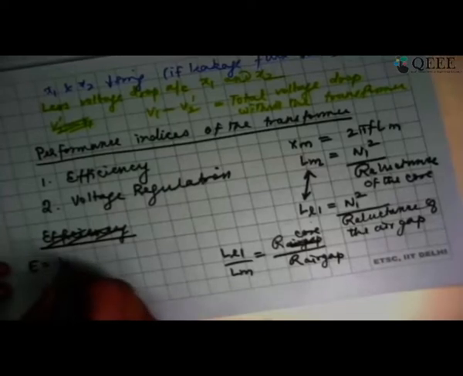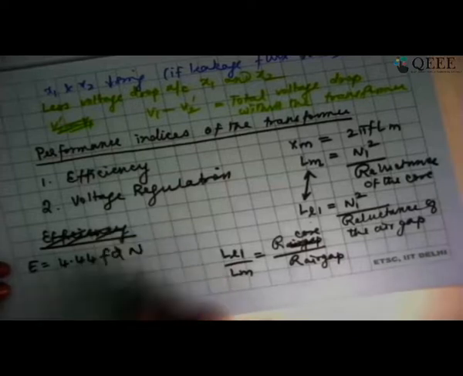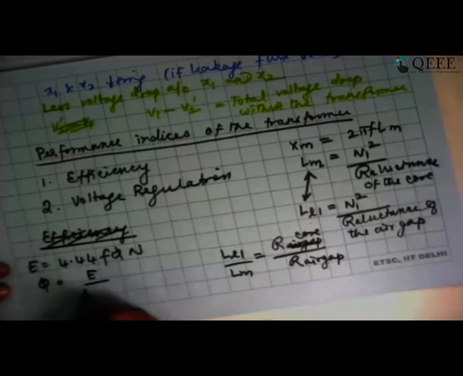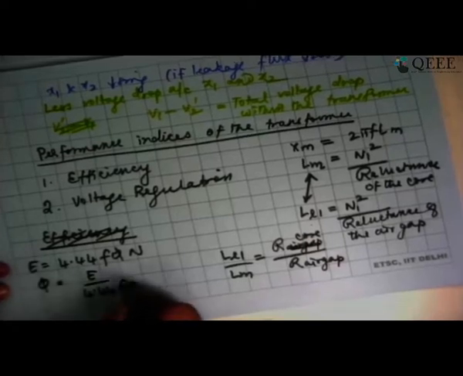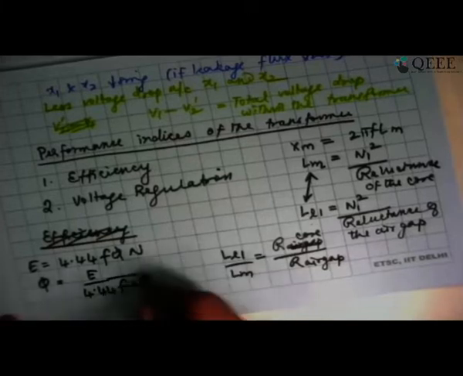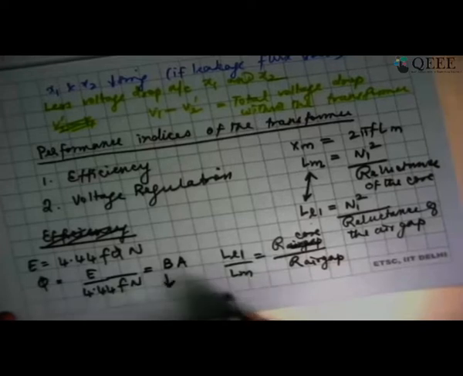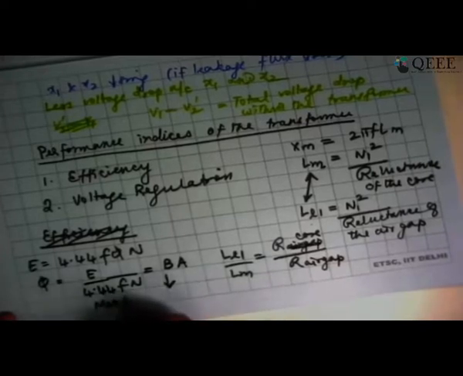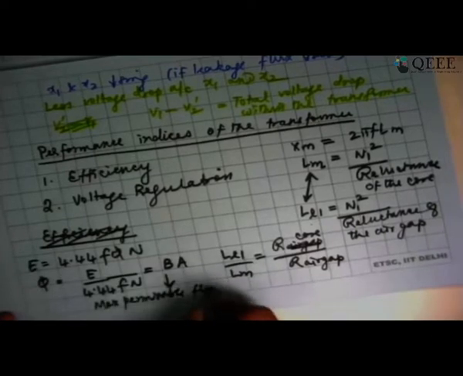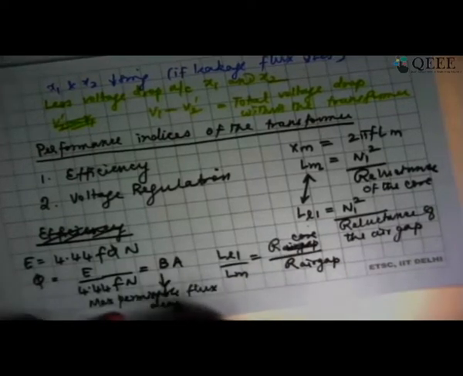Operating flux is decided by E equal to 4.44 f phi N. So phi is equal to E divided by 4.44 f N. If I know phi, I can write this as B into A. And B is the maximum permissible flux density of the core material.